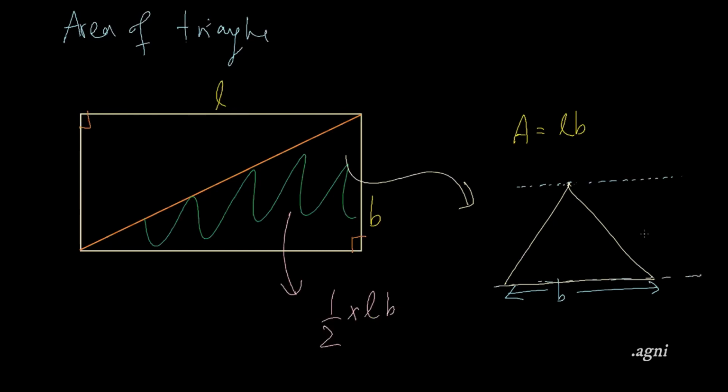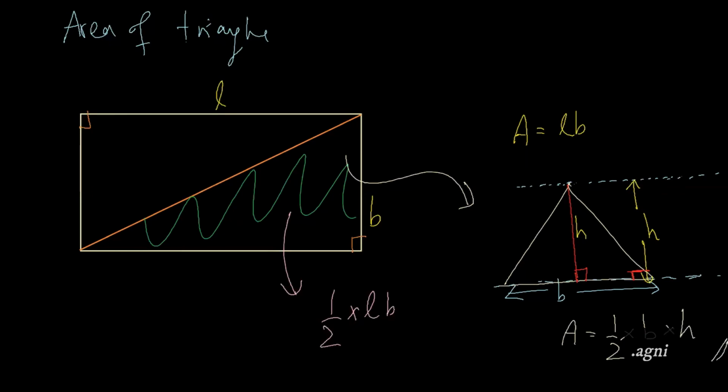So the shortest distance between the top level and the bottom level, we consider that as h, the perpendicular height. That is the same h wherever you mark it. So the area of this triangle is going to be half base into the perpendicular height.